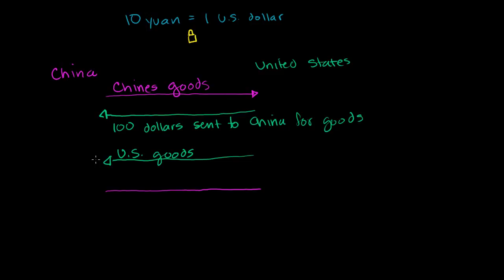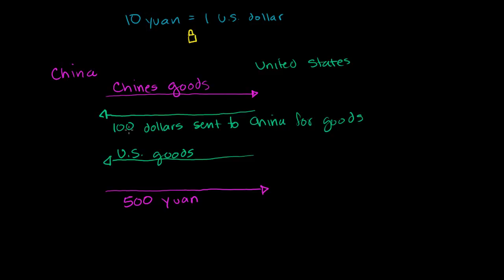So the US goods are being sold in China, and then the US producer is going to get yuan. And let's say for their goods, they get 500 yuan. So if all of these people were to just convert, and you actually don't know what the equilibrium price would be because the demand changes depending on what the price is in each of the countries.